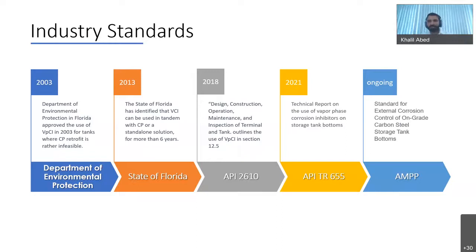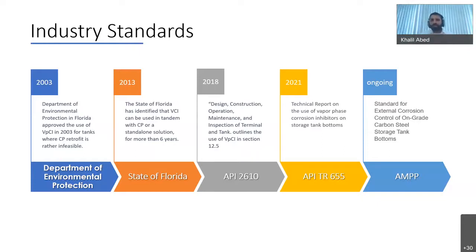We're talking about 20 years. In 2003, the Department of Environmental Protection in Florida approved the use of vapor phase corrosion inhibitors for tanks where cathodic protection retrofits are infeasible.